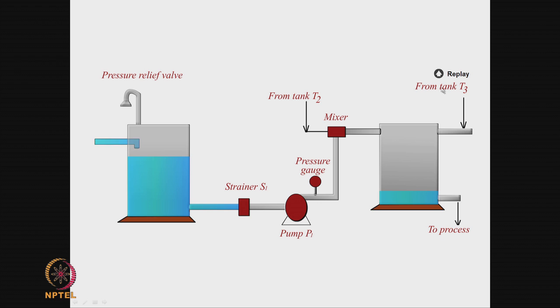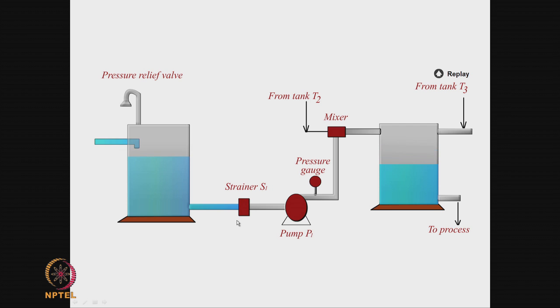Now the chemical from tanker T1 passes through the strainer and is pumped out, and a pressure gauge is maintained here to see the pressure, in case there is any block in the line because of the strainer, because tanker T1 may receive chemicals with floating and suspended particles.